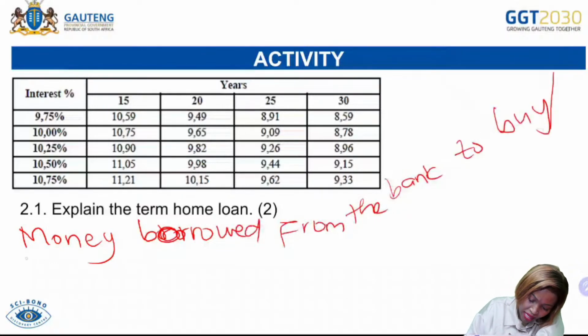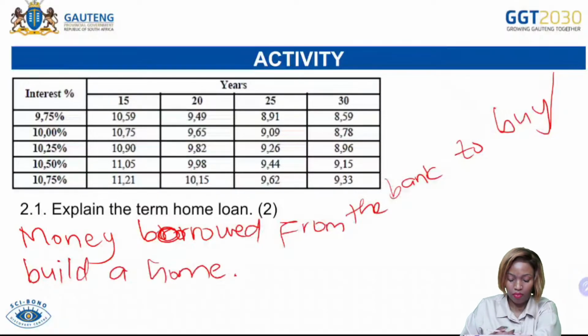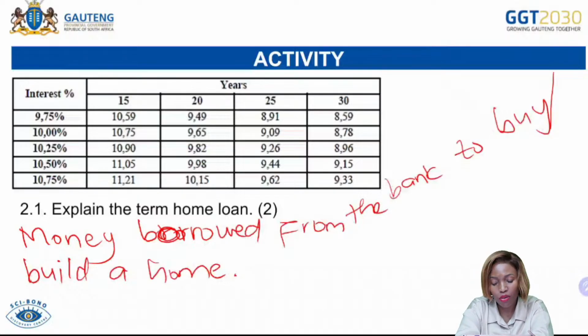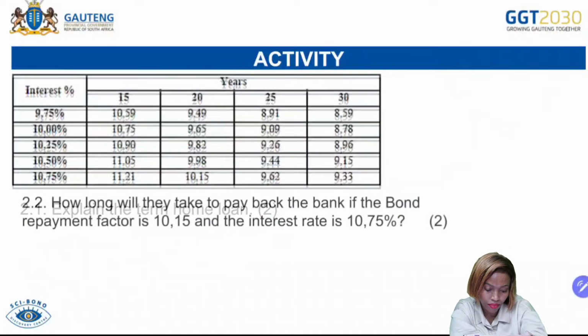It's not only to buy, sometimes it's to build, to buy or to build a home. I hope you got that one. It's not just about buying. Someone can get a home loan, then they buy a stand and they build from scratch.